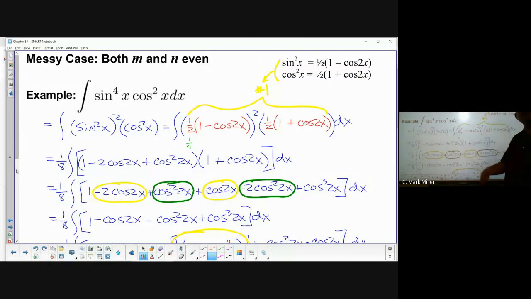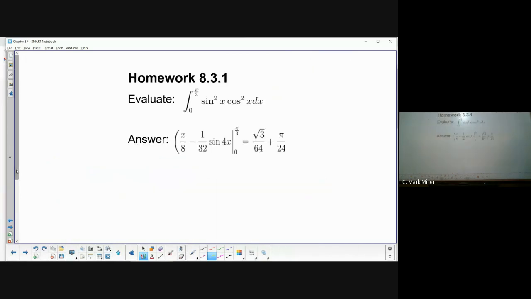Those are both even. Your homework here is sine squared cosine squared. But we've made things a little more fun by making a definite integral. So you will get the antiderivative of that, which I have for you here. Then you plug in the bounds of integration. And that gives you this for your final answer, which is an oddball looking answer.